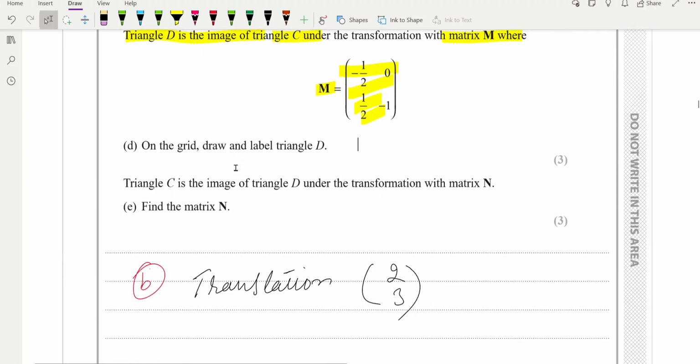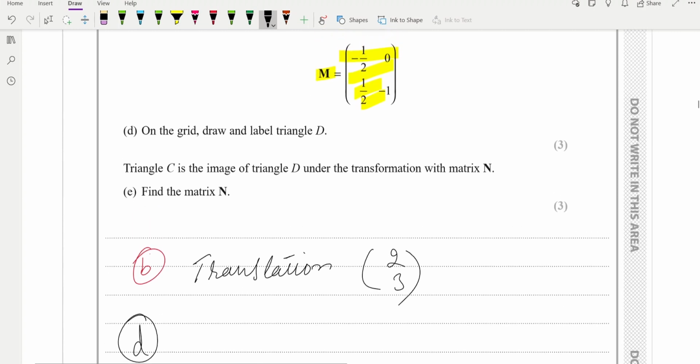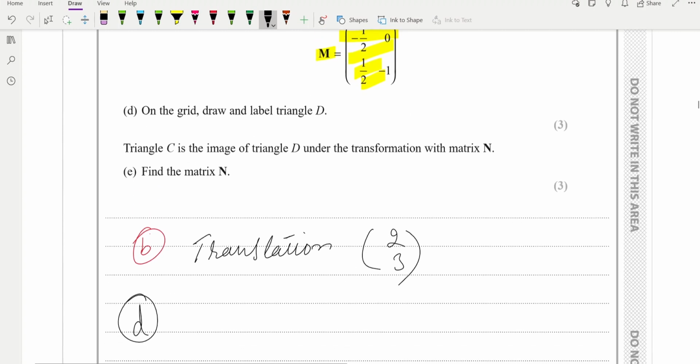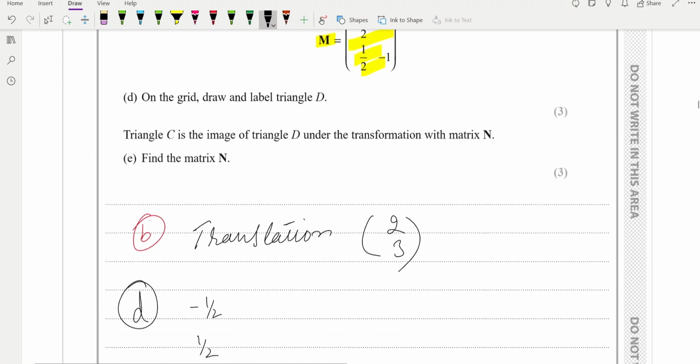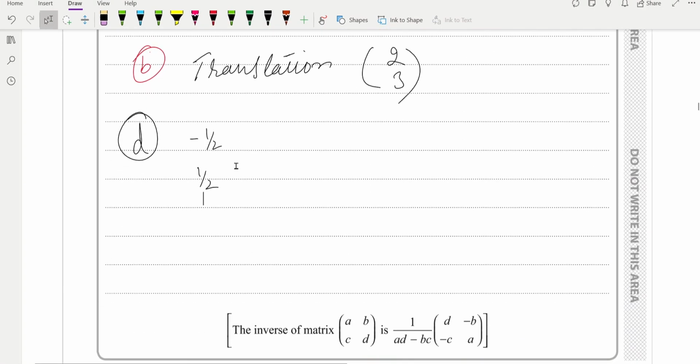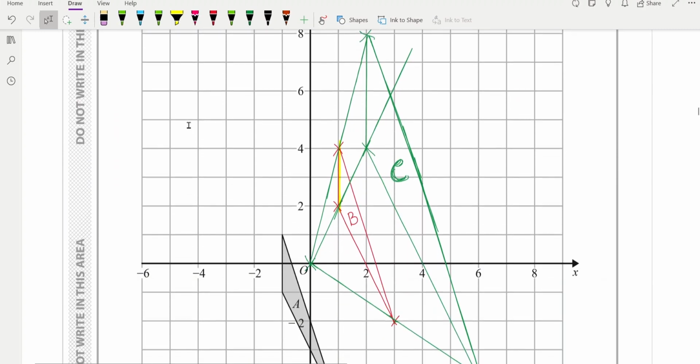I will write the D part answer over here, and the matrix which we will be using is minus 1 over 2, 1 over 2 and 0, minus 1. This will be the matrix, and we have to multiply this with the coordinates of C.